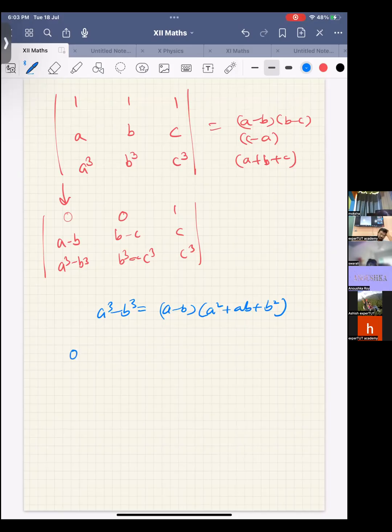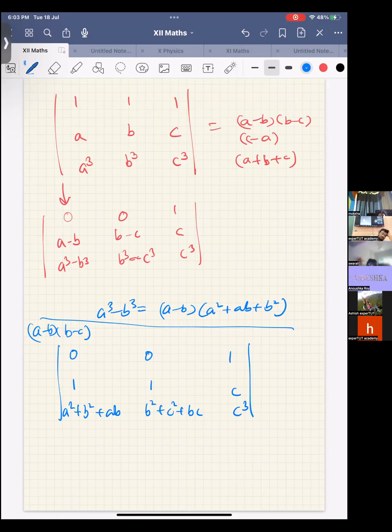So we have 0, 1, A square plus B square plus AB, 0, 1, B square plus C square plus BC, 1, C, C cube. Okay, and outside you have A minus B and B minus C.